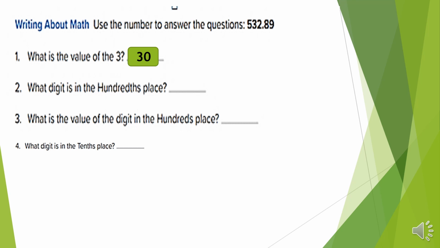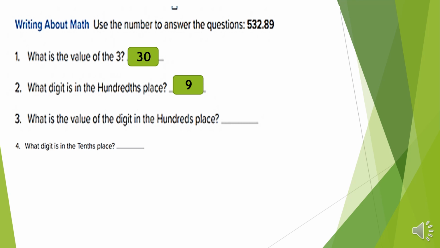Number 2. What digit is in the hundredths place? The hundredths place here we have 9. Number 3. What is the value of the digit in the hundreds place? The hundreds place here means the whole one, because we don't have the ending THS at the end of the word.